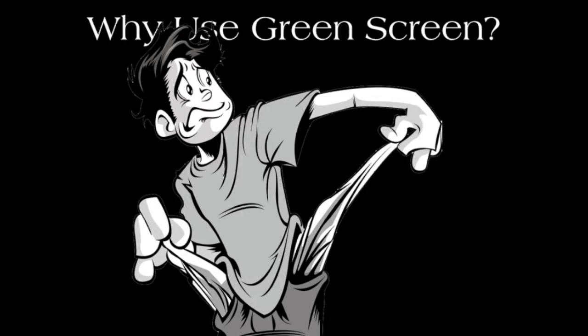So when you have the equipment, but you have no money to actually go out and film in various locations, or you don't have the ability to go out and film in various locations because of insurance constraints, departmental policy constraints, green screen allows you to leave the classroom, leave everything, and venture into different environments from the ease of your own classroom. And so we're going to look at that pretty soon.